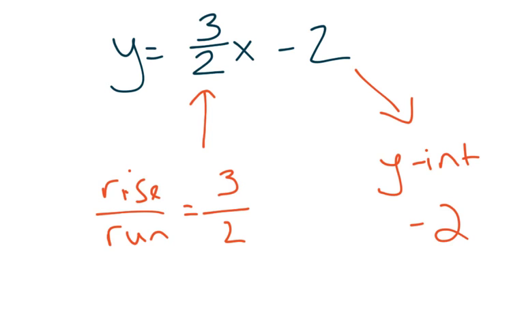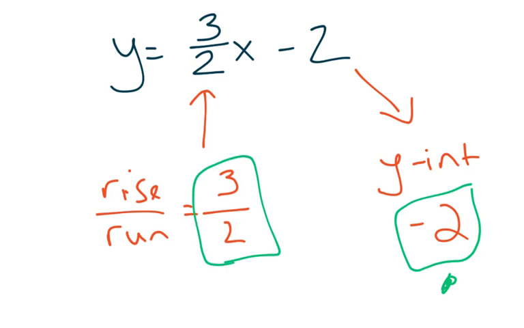So we're going to start with the y-intercept. This is going to be our first point. We're going to put a point at negative 2 on the y-axis. From there, we're going to use the slope to find the second point. Once we have the second point, we connect those dots, and that makes the line. And we've then graphed the equation.